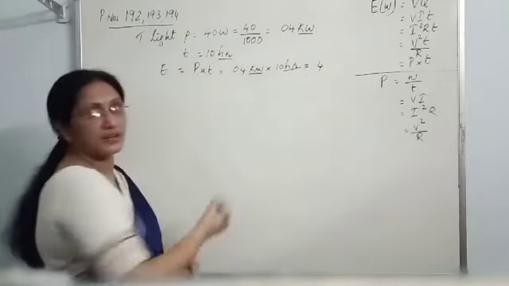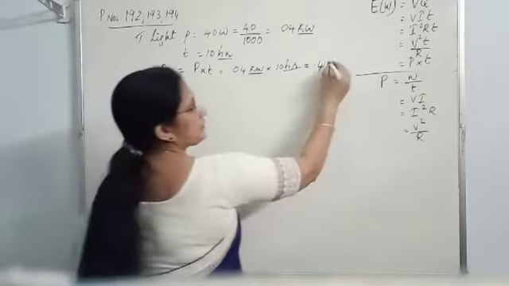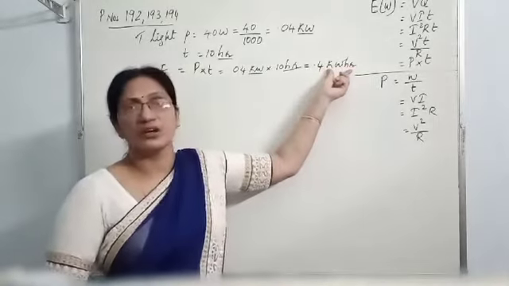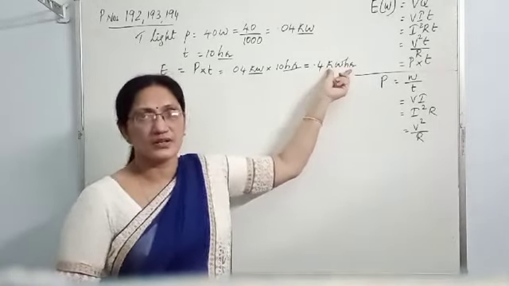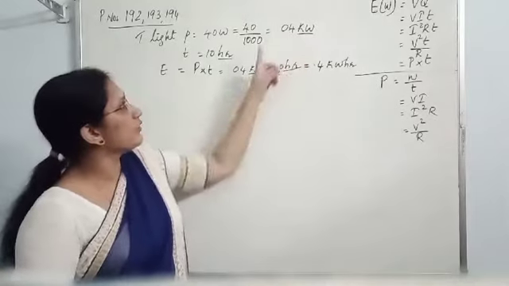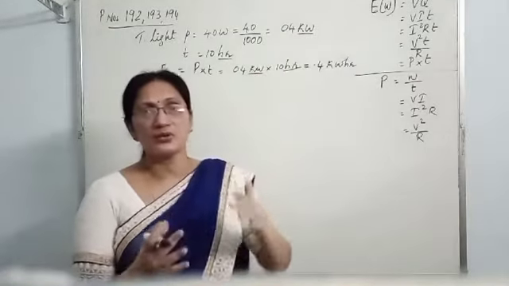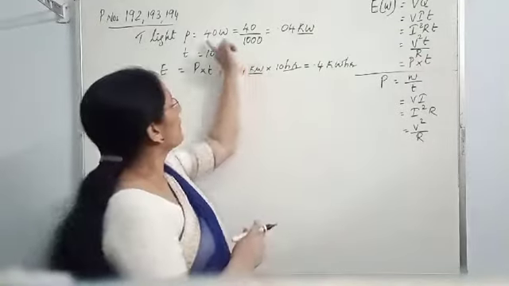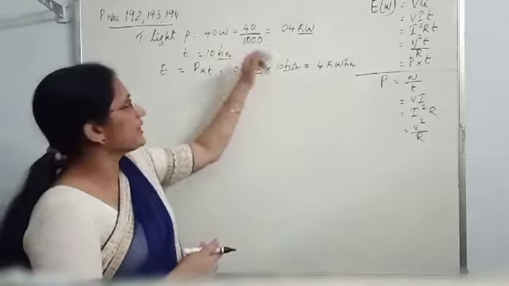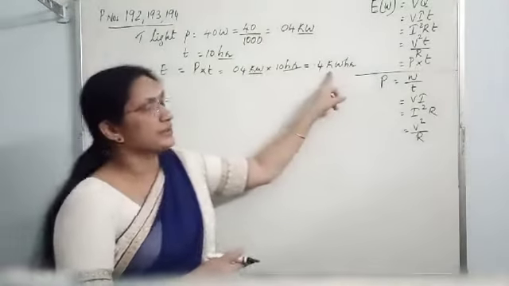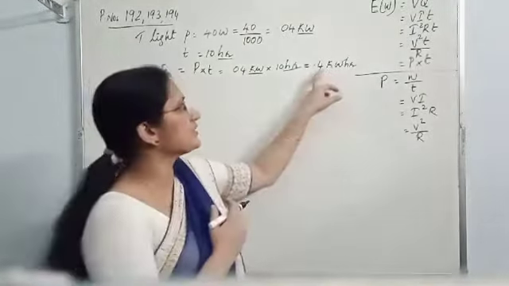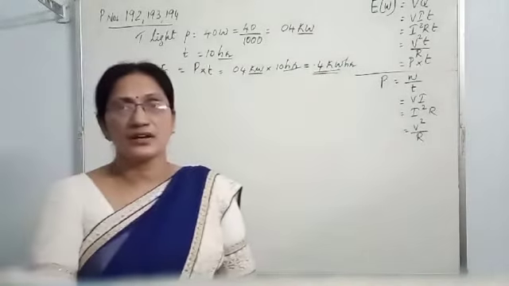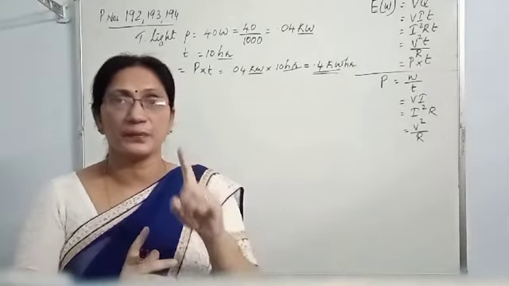Unit is kilowatt hour. Your answer should come in kilowatt hour unit. That is why I wrote power in kilowatt and time in hour. In any numerical, if it is not done so, first you have to convert power into kilowatt, time into hour, then multiply power with the time, then the energy consumed you will get in kilowatt hour unit. So 0.4 kilowatt hour energy the tube light consumes per day.